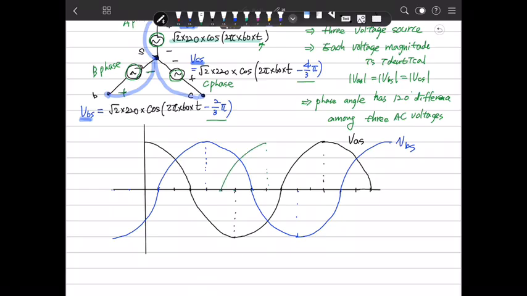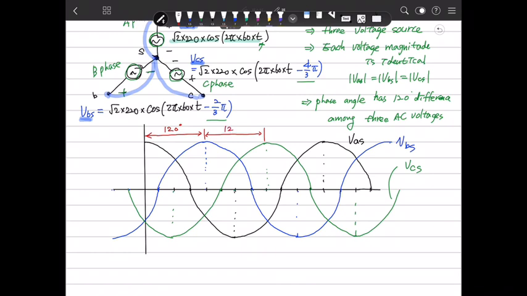So this is VCS. So the phase difference between A and B is 120 degrees, and the phase difference between B and C is 120 degrees, and the phase difference between C and A is also 120 degrees.